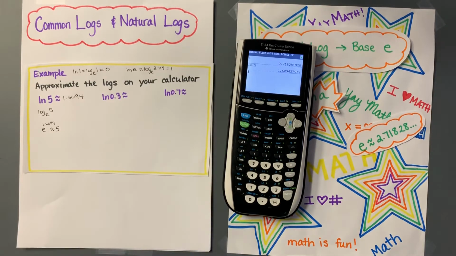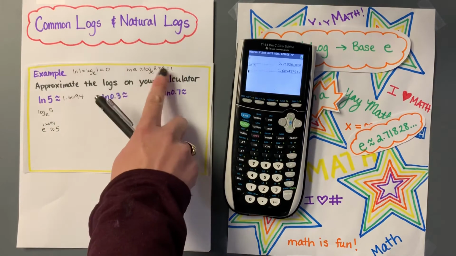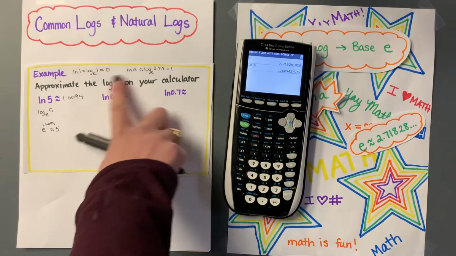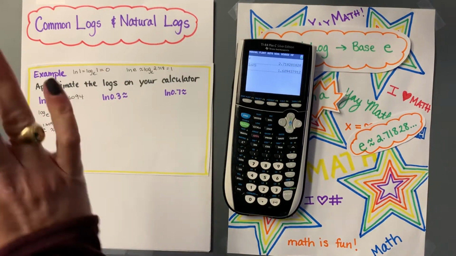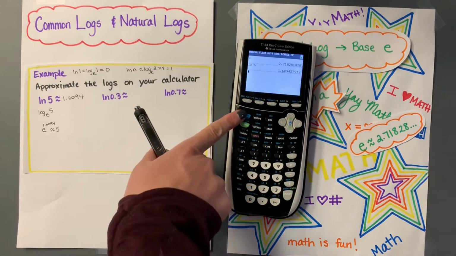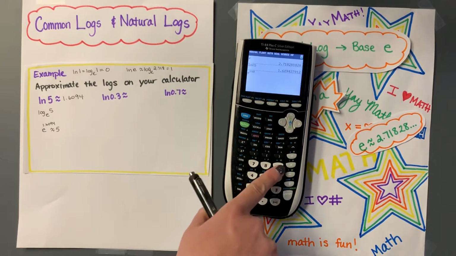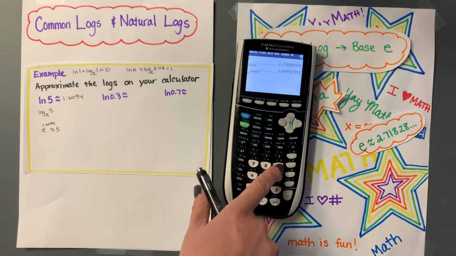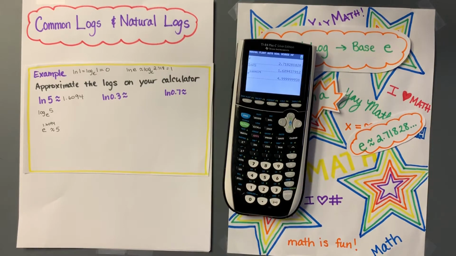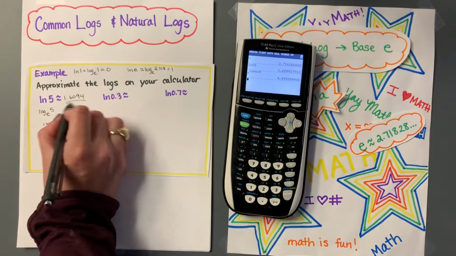Before I check, I thought it was going to be bigger than 1 because 5 is bigger than 2.7. It is bigger than 1, so I'm feeling good so far. So I'm going to hit second and the ln button, 1.609437, and I get just about 5. So this ends up working.